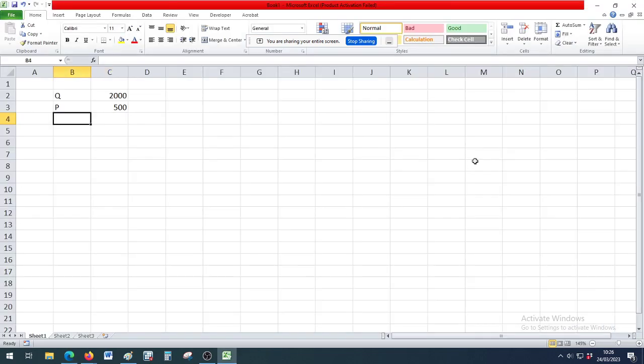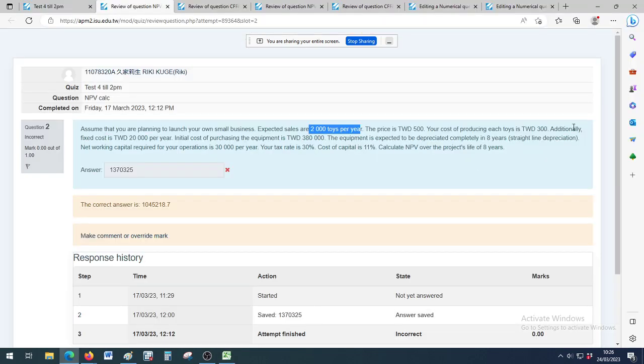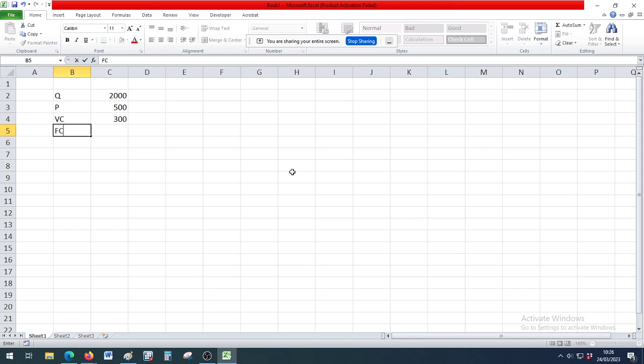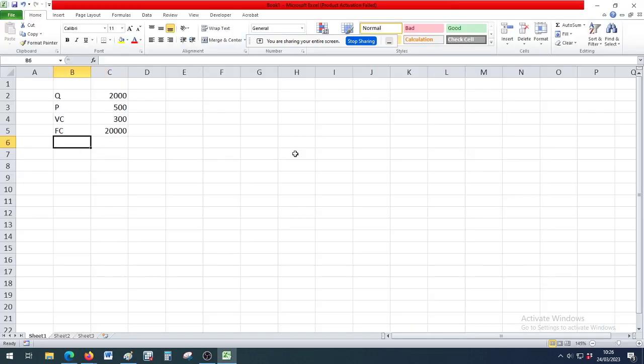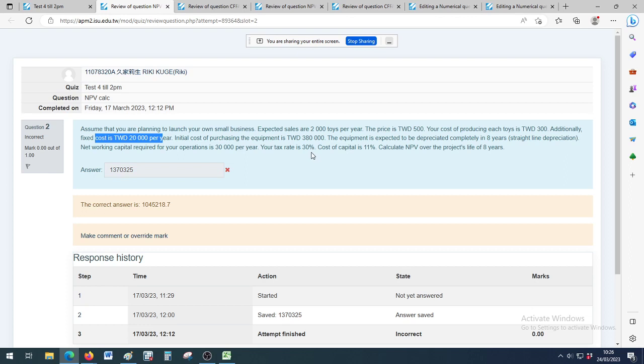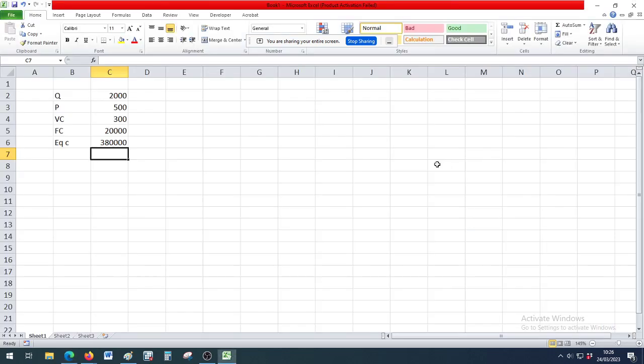So that's variable cost, 300. Additionally, fixed cost 20,000. The initial cost of purchasing equipment is 380,000. So let's call it equipment cost, 380,000. Equipment is expected to depreciate completely in 8 years, straight line depreciation.